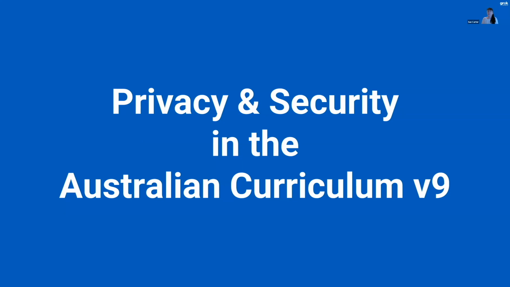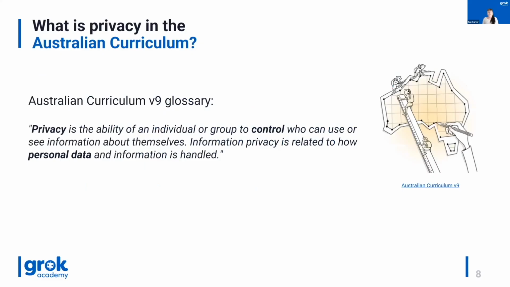So let's take a look at what privacy and security looks like in version 9 of the Australian curriculum. To start our privacy and security journey, we begin with the Australian curriculum definition. In the glossary, privacy is defined as the ability of an individual or group to control who can use or see information about themselves.